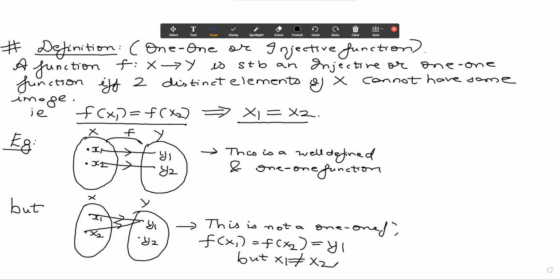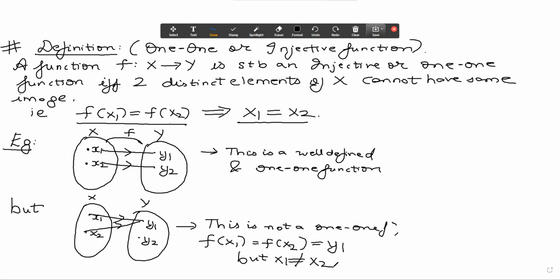So I hope all students have understood the definition of 1-1 function, also called the injective function, and the example, which represents the diagram. So for a function to be 1-1, every element of X should have only a unique image. If two elements of X are having the same image, it is not a 1-1 function.